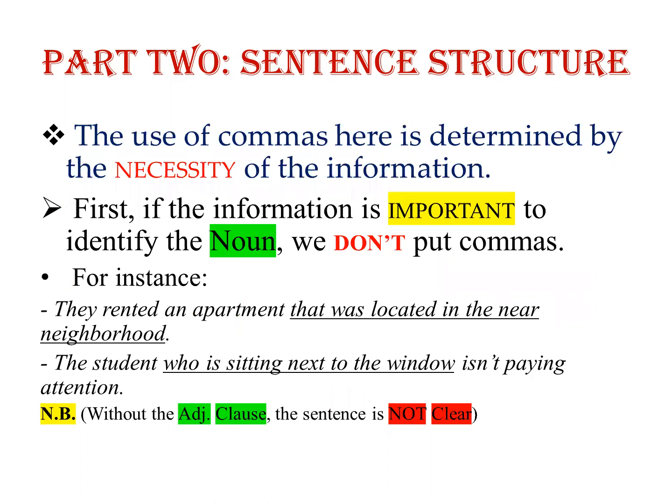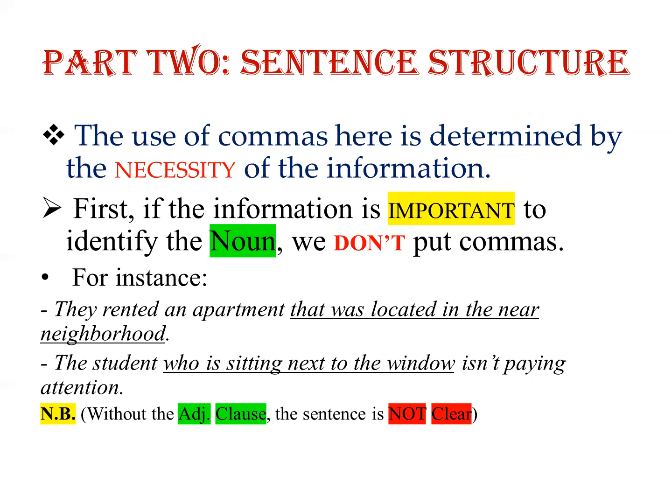The use of commas here is determined by the necessity of the information. If the information is necessary, there's one condition, and if the information is just extra, not necessary, there is another condition. First, right now we are talking about importance.